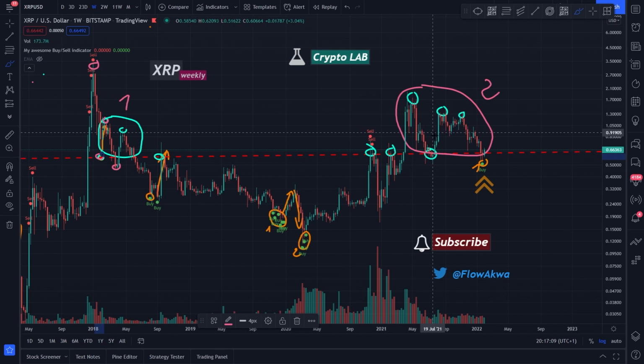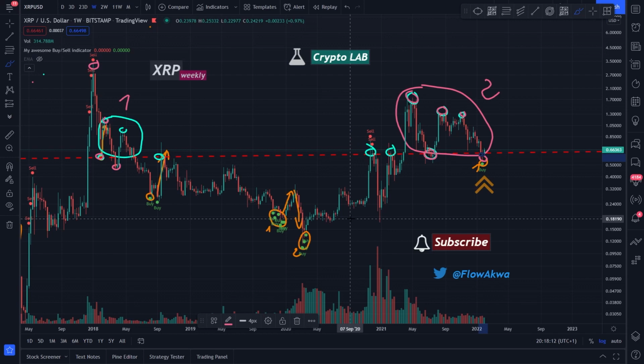But this time, you see that we made a lower high here and here, but we didn't make a lower low. It's still a higher low. This means that this time the bulls are trying to save us by staying above this critical area.